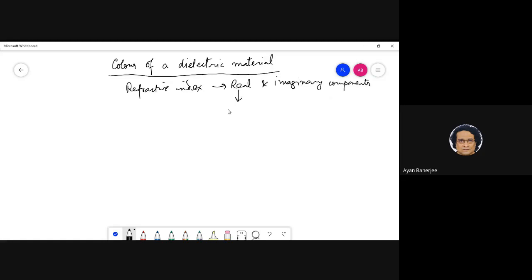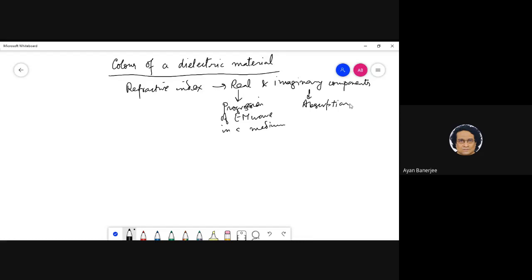The real part is responsible for progression of the EM wave in a medium, while the imaginary part gives you absorption. Okay. So now, given that you know this, how can you explain why an object looks red or blue or green or anything?